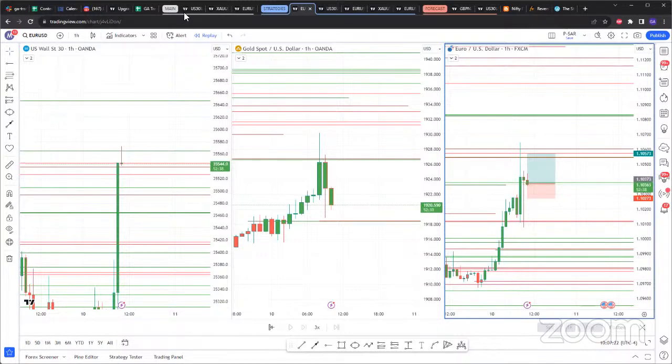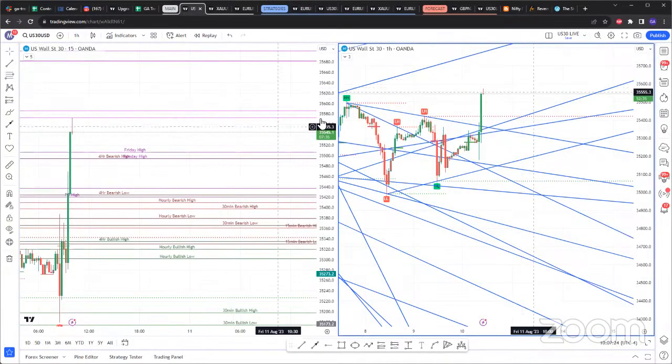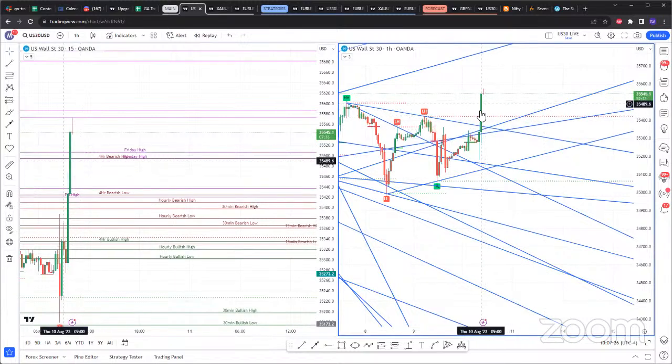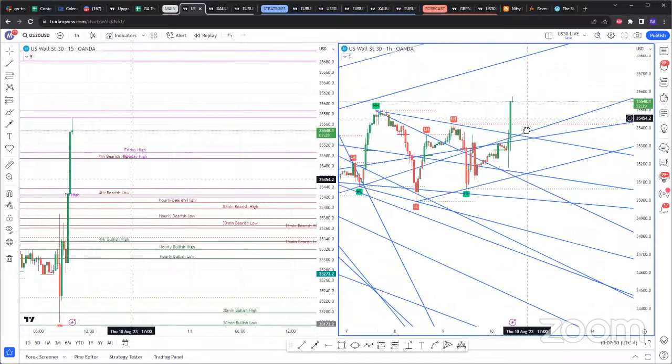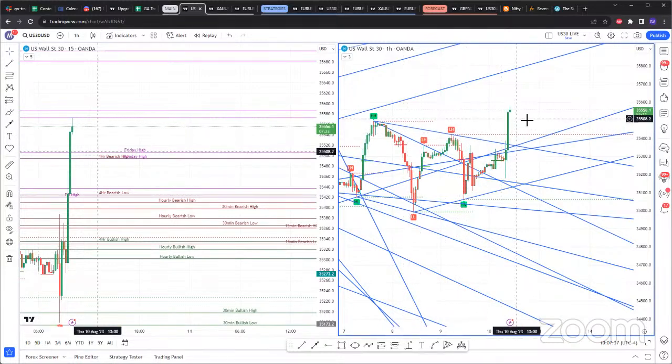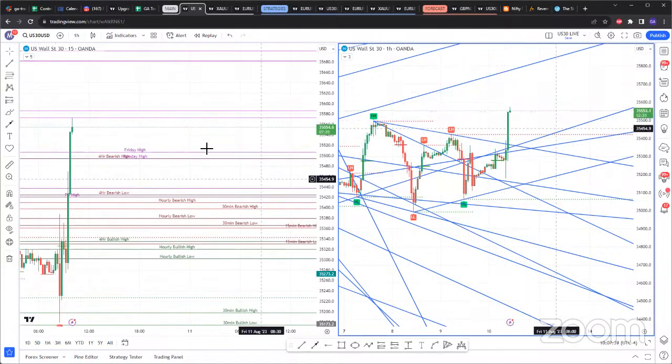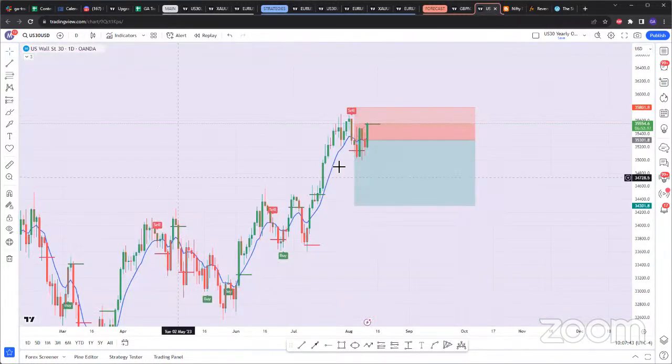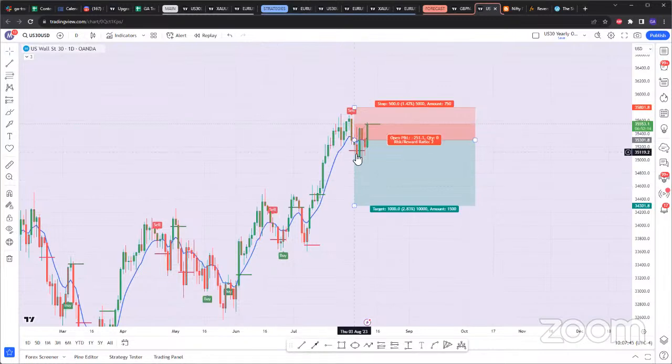All right, what else? So US 30 closed bullish, and closed above the previous zone, this lower high. So for me, my bias for US 30 on the hourly is a buy.